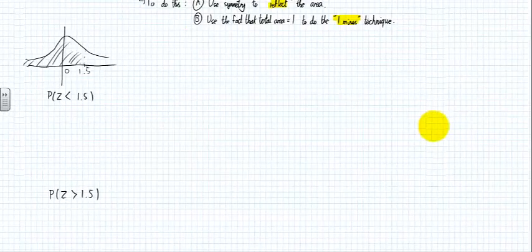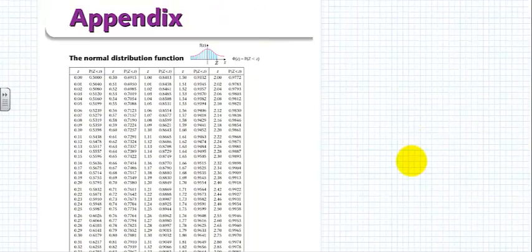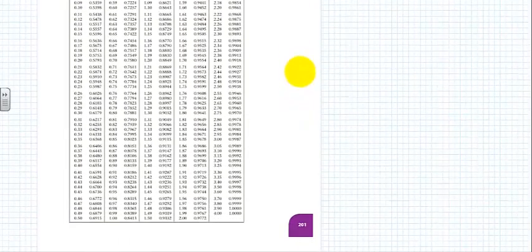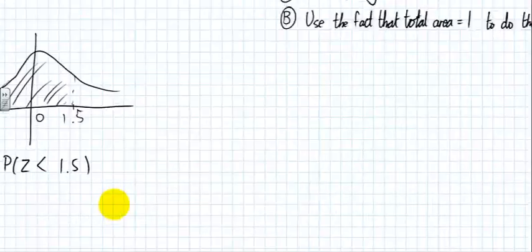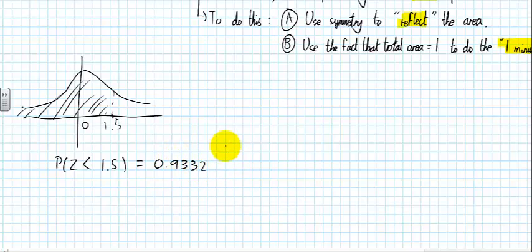So we can use the table in page 201, which will be given to you in a formula booklet in the exam, to look for 1.5, which is right here, and so the probability is 0.9332. So this is a straightforward one, 0.9332.